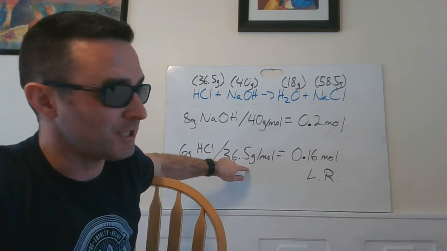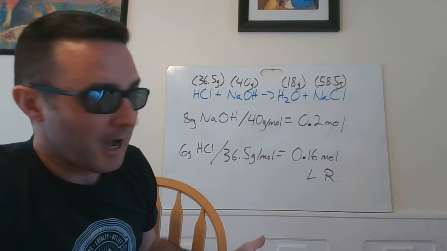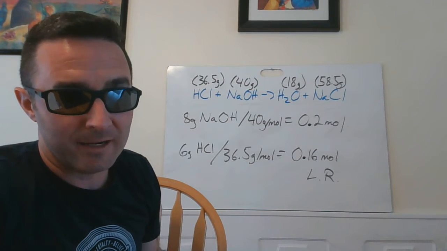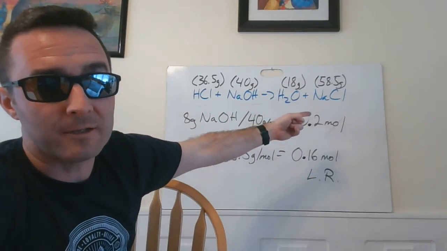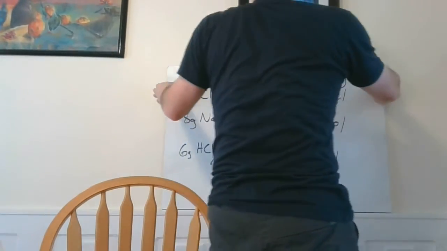If you do your rice table, it's still not that much extra work. You're just going to know that with your water and your sodium chloride, how many moles you're going to make because it's 1-to-1. It still keeps it easy for you. So let me switch things around here really quick, get this out of the way, and let's see what happens.